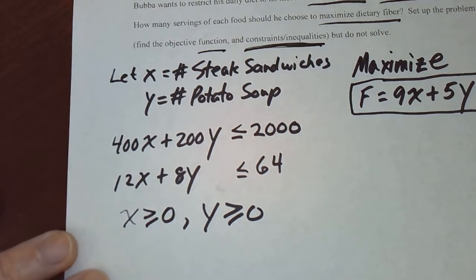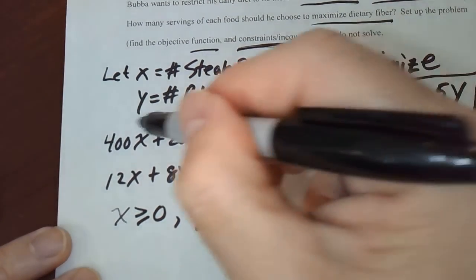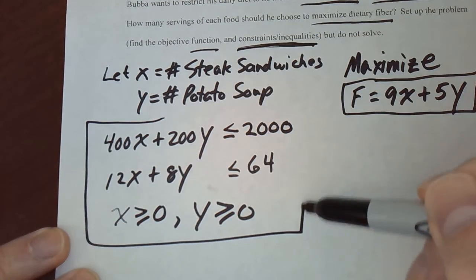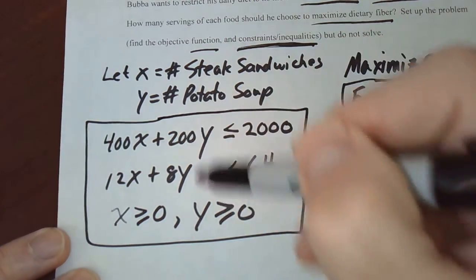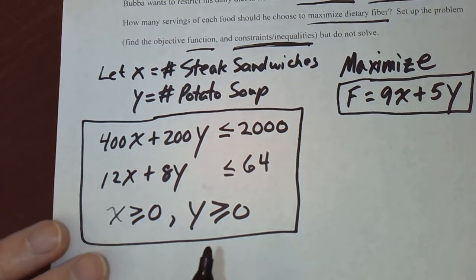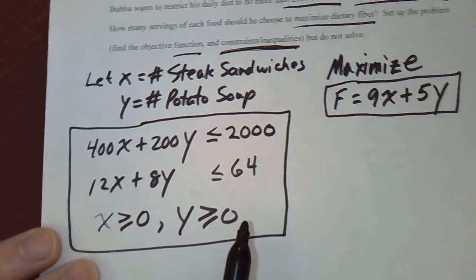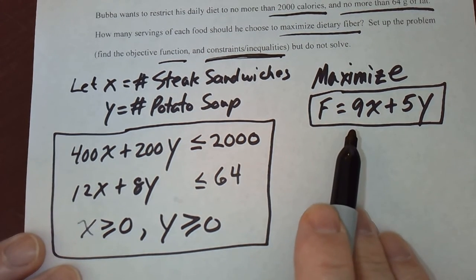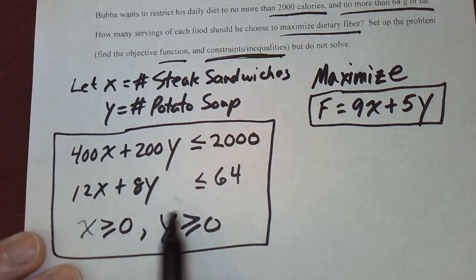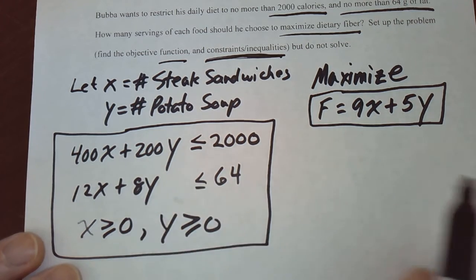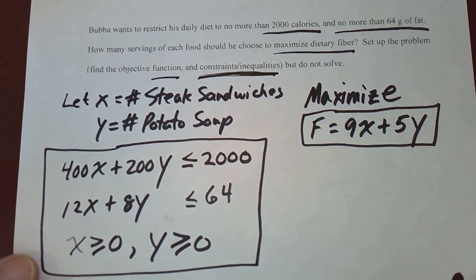Y has to be greater than or equal to 0. So this collection of inequalities would be our constraints, and we're maximizing this function based upon these inequalities. And again, we don't need to solve this problem, we just needed to set it up.